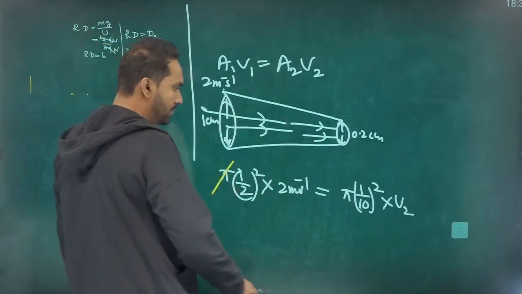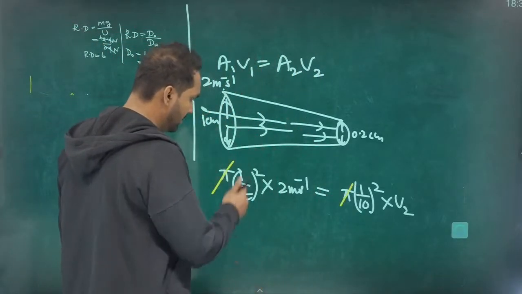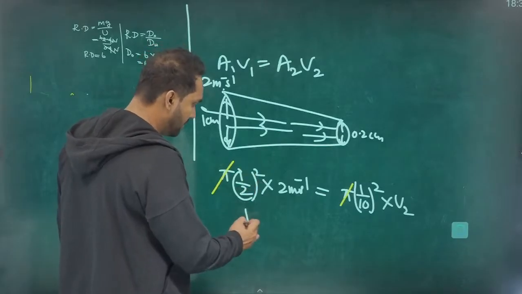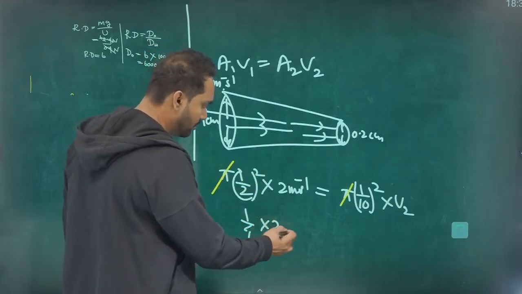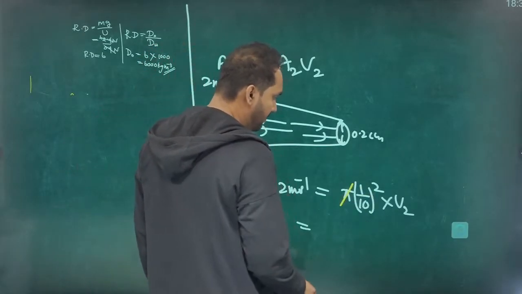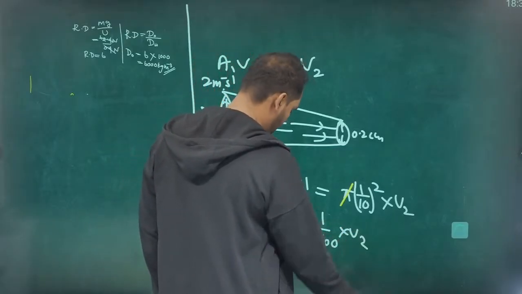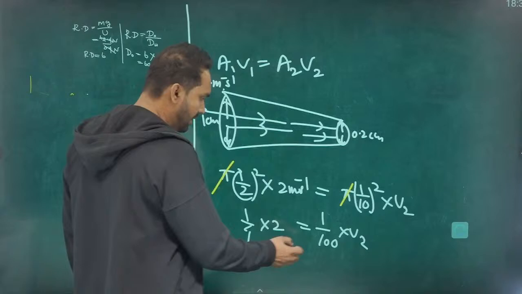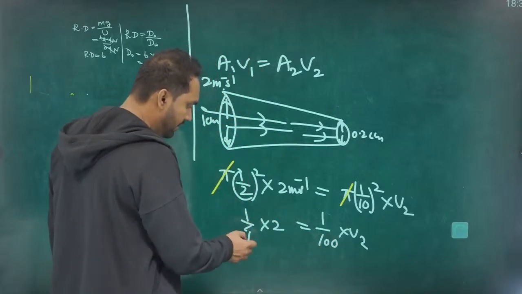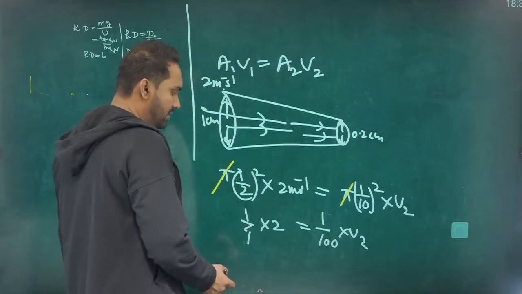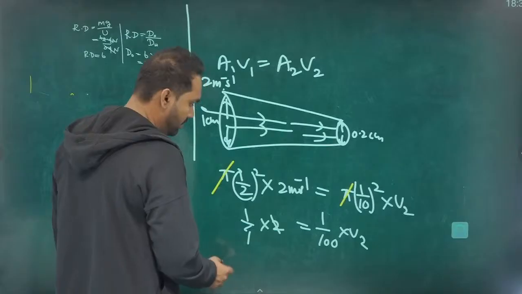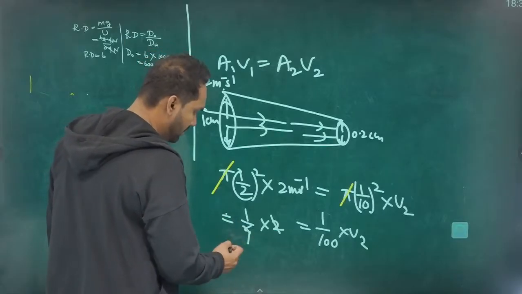So now pi cancels out with pi. 1/2 squared will be 1/4, into 2 equals 1/10 squared, which is 1/100, into V2. If I cross multiply this, that will be 100 divided by 4, which is 25. 25 into 2 is 50.